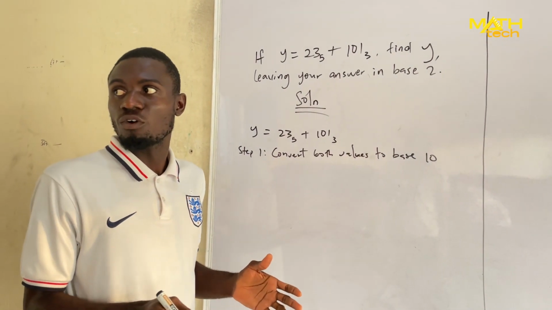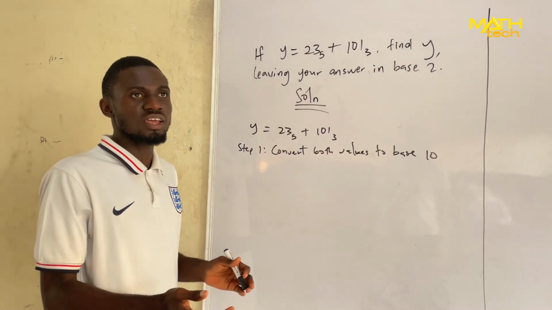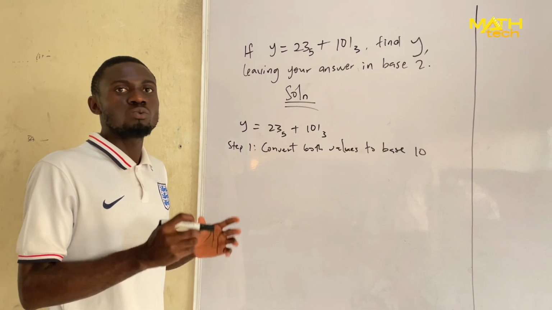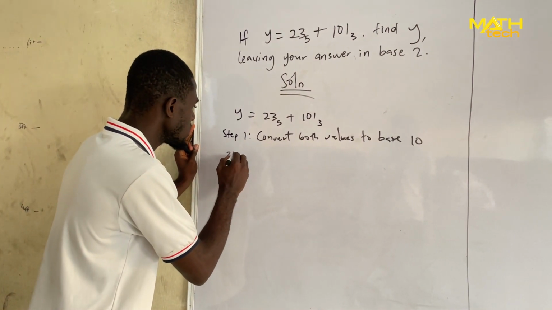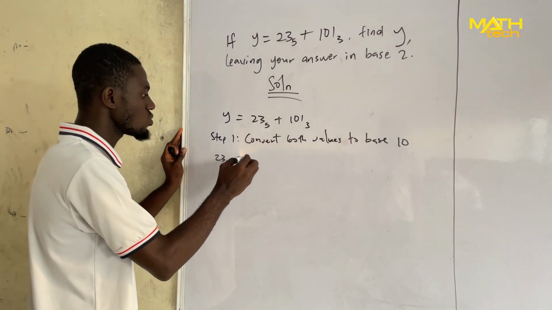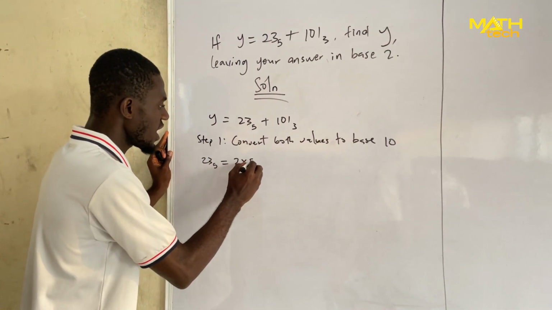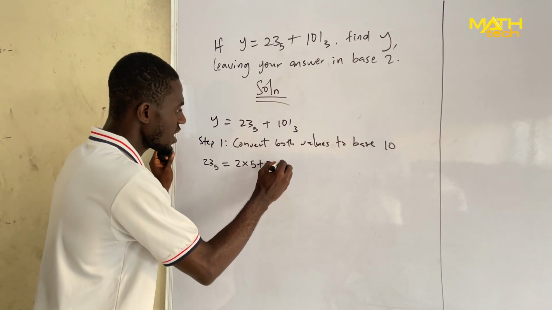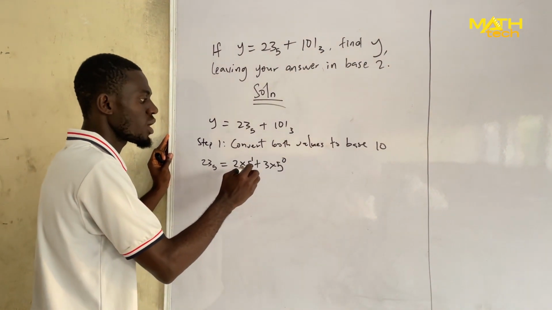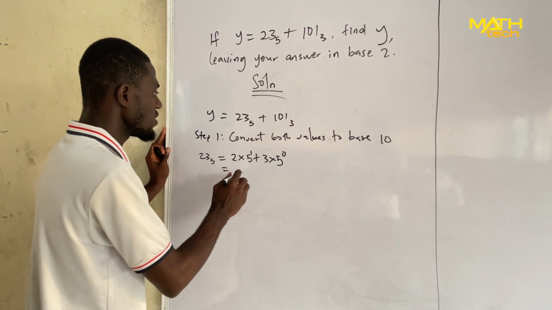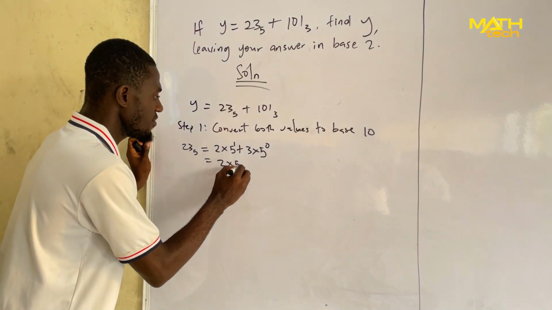Now what is the method of converting this base 5 value to base 10? We go with the method of successive multiplication, which we will say 23 base 5 is equal to 2 times 5 raised to power 1 plus 3 times 5 raised to power 0. And this will give us 2 times 5.